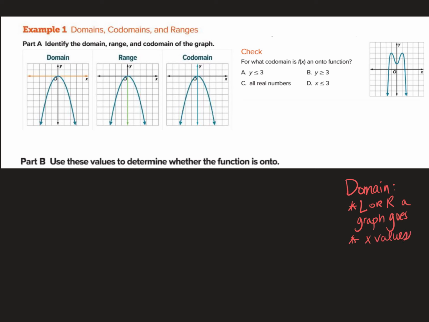I will use a red highlighter when I'm talking about domain. I'll go highlight the x-axis now. Domain is how far left or right. Then for range, please write this down as well. The range is how far up or down.